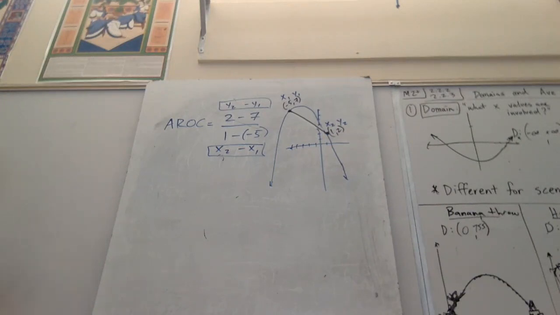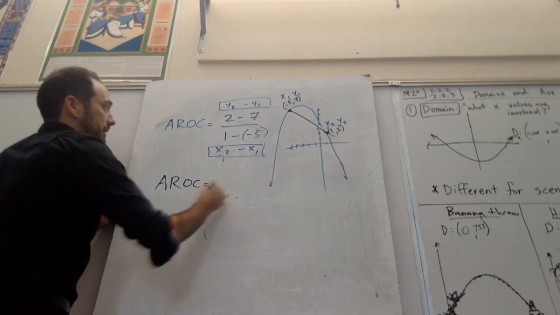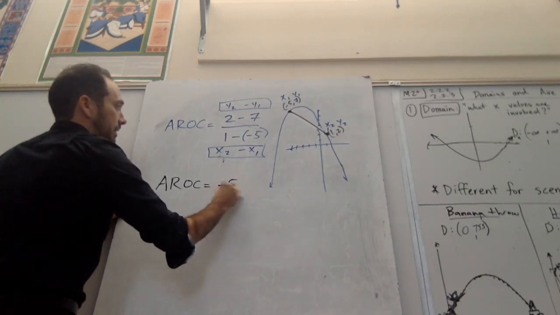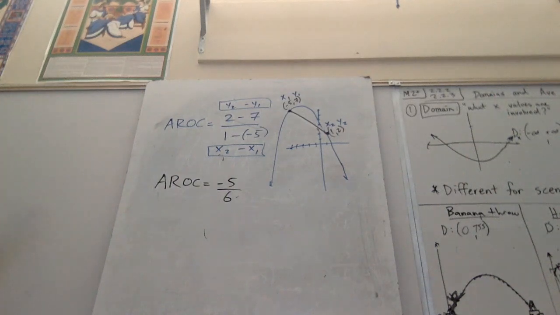AROC equals, let's see, negative 5 over 6. Can't reduce that. We're done. Does that match? It's decreasing. We're pretty good.